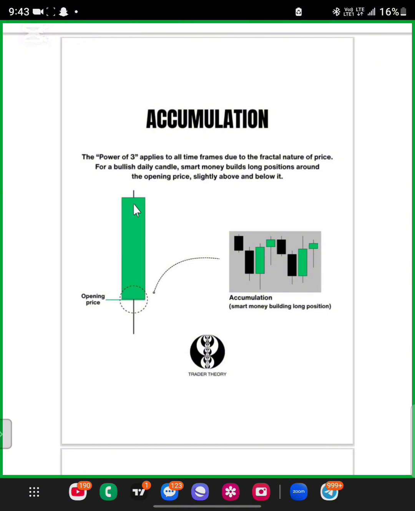You can see this is the higher time frame candle. If this candle is a 1 hour candle, and you go to the 5 minute time frame, we have about 12 candles.